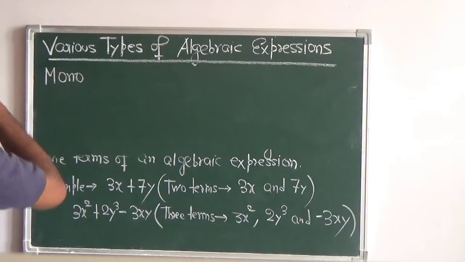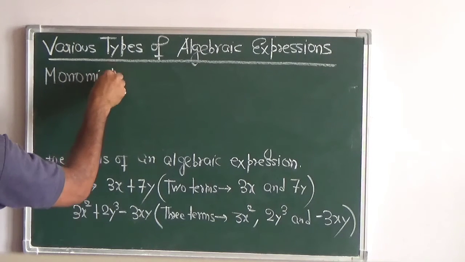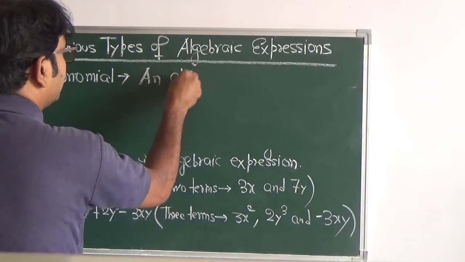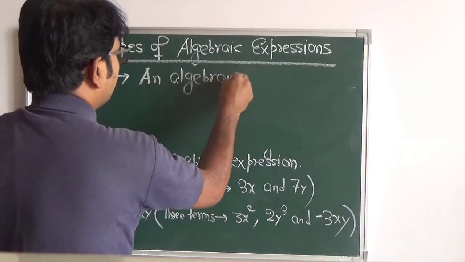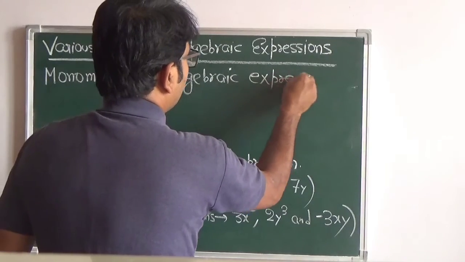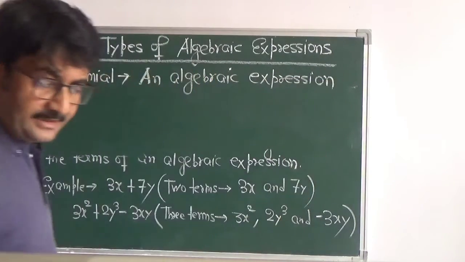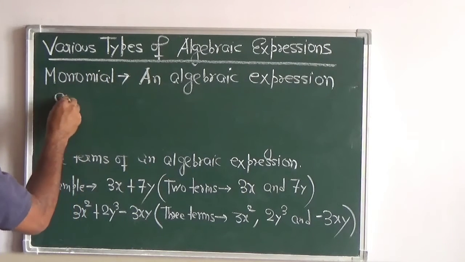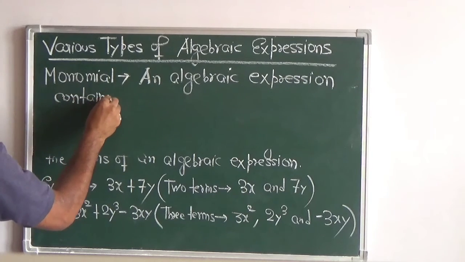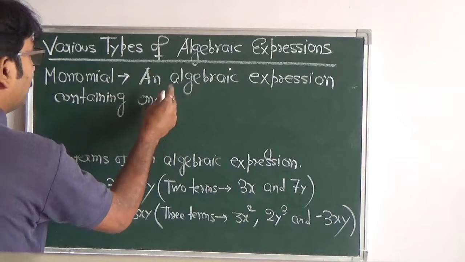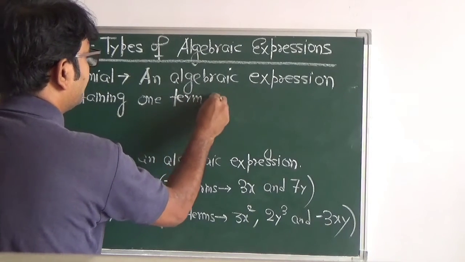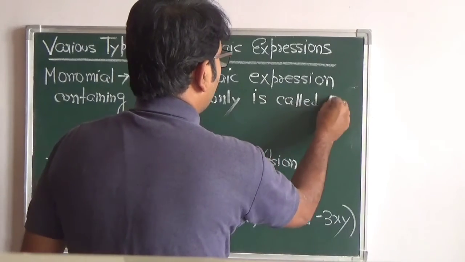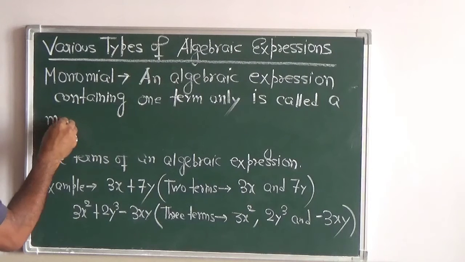The first one is a monomial. What is called a monomial? An algebraic expression containing one term only is called a monomial.